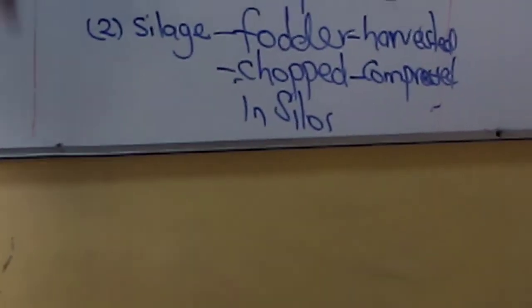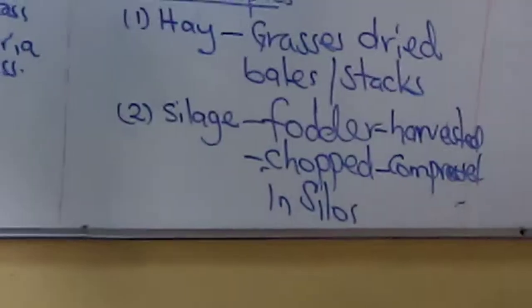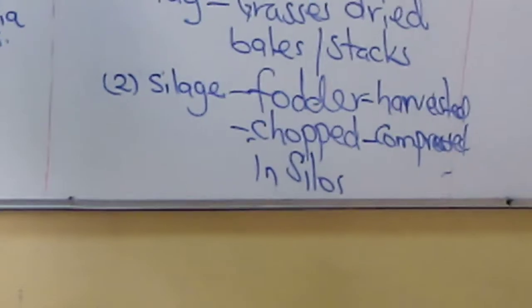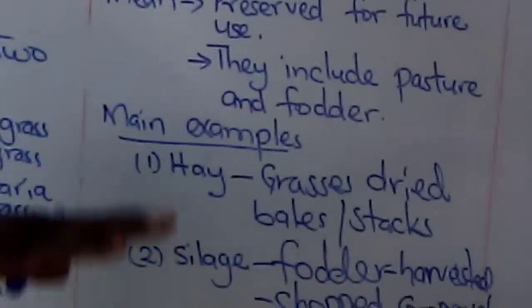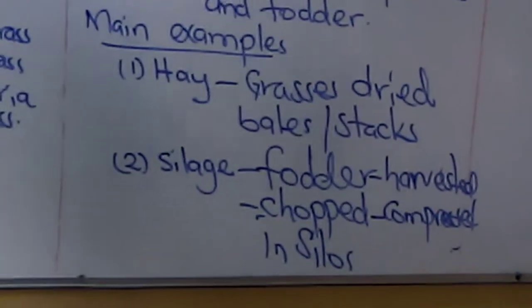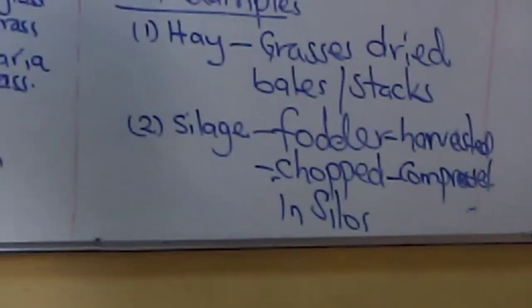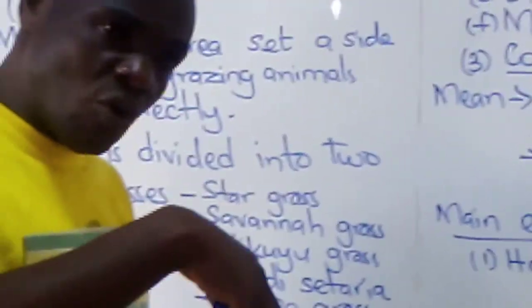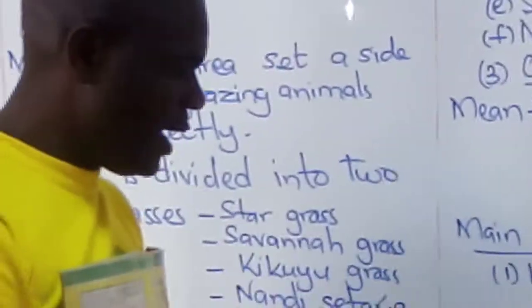A silo could be a hole dug in the ground and prepared well for the silage to be compressed inside. Some people nowadays have modified silos. They take drums and prepare them so well that they compress the fodder inside.